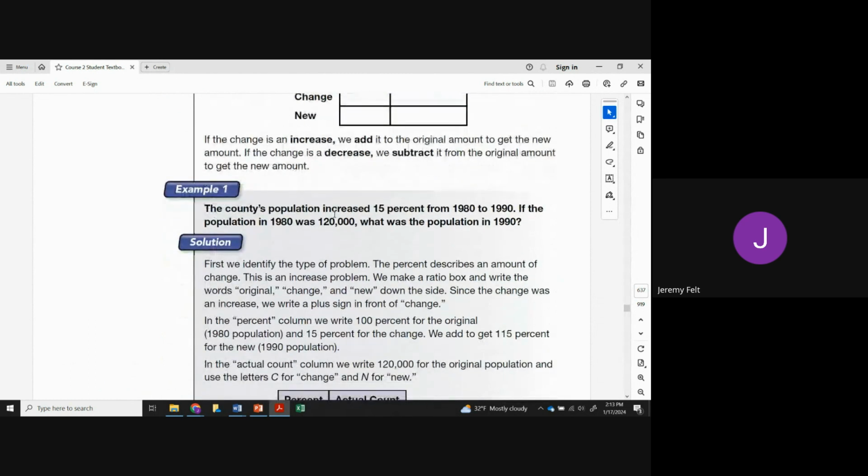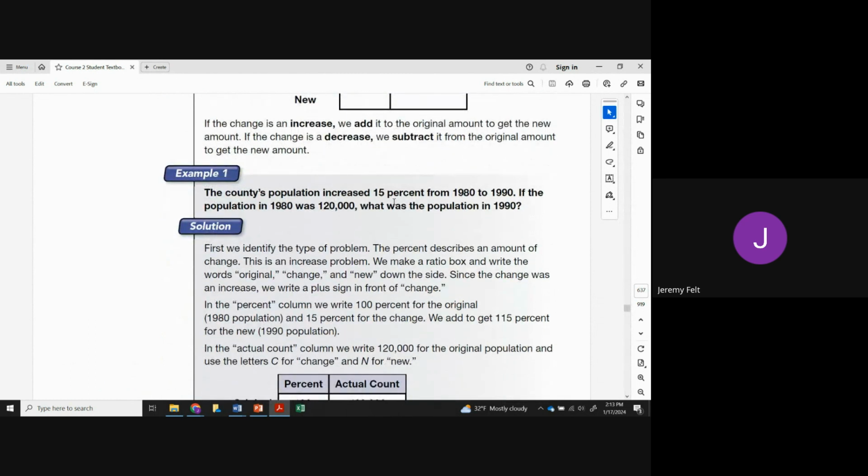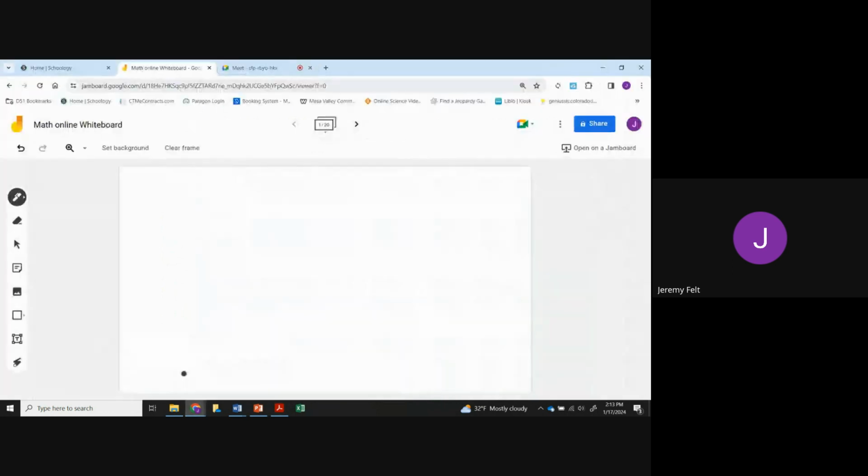So let's look at example 1. The county's population increased 15% from 1980 to 1990. If the population in 1980 is 120,000, what was the population in 1990? We set up our original, change, new, percent, and population or actual counts, whatever it is. So our original was 100%.